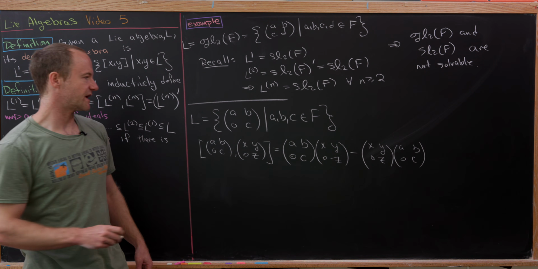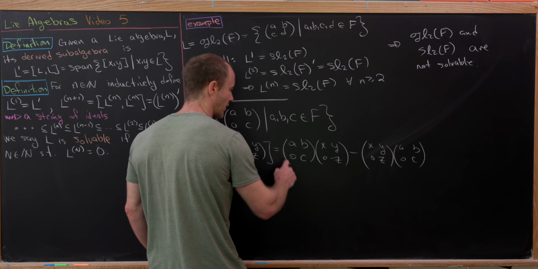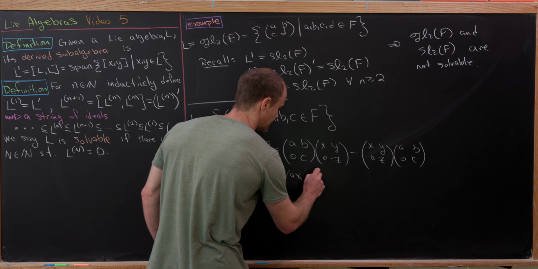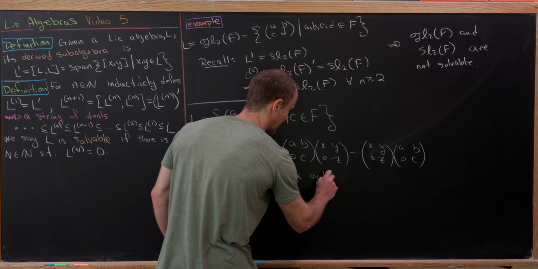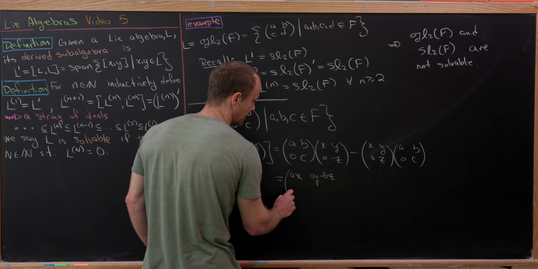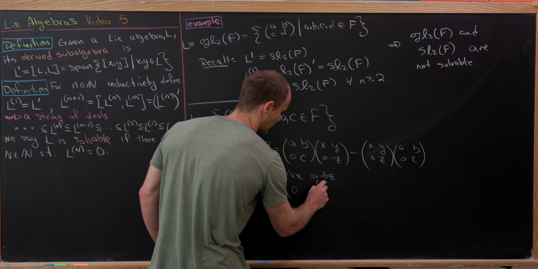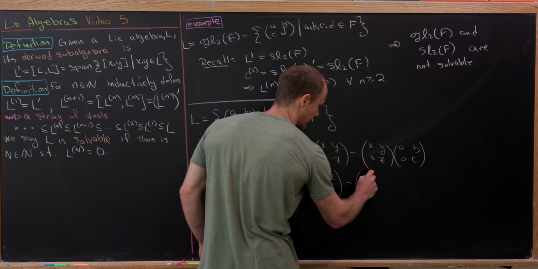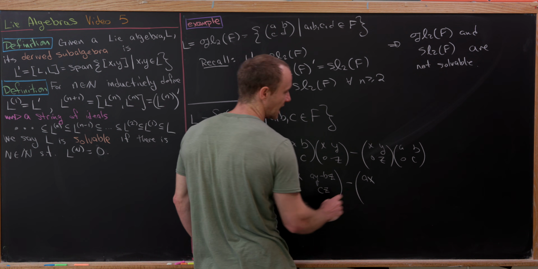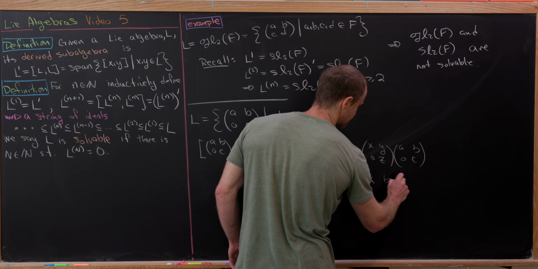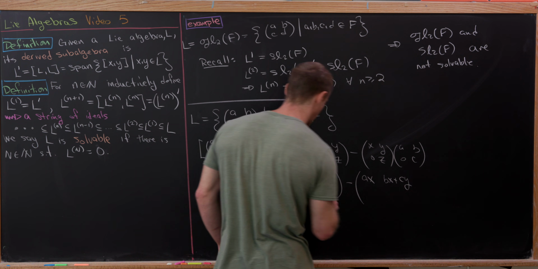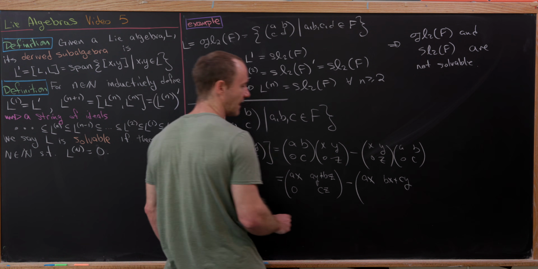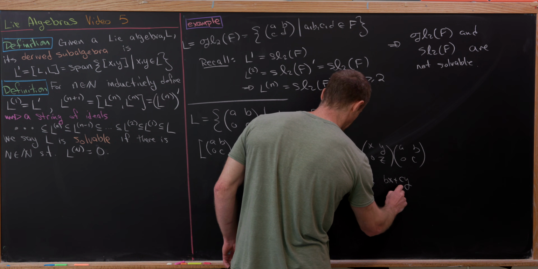Okay, so let's see what we get for this. So the product in this order will give us an AX here, and then here we'll have an AY plus a BZ, and then here we'll have a 0, and then here we'll have a CZ. And then from that we need to subtract, well, we get an AX here, and then here we have a BX plus a CY, and then here we have a 0, and here a CZ.